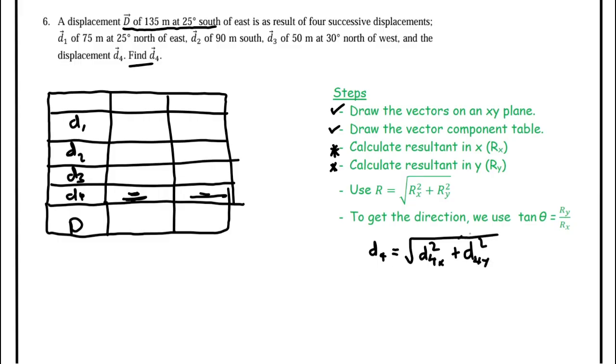That's how we'll get the value of d4. Finally, we also get the direction in which d4 is, so if it will be 30 degrees or whatever angle that will be, we have to put it there as well. With that in mind, let's get into it.